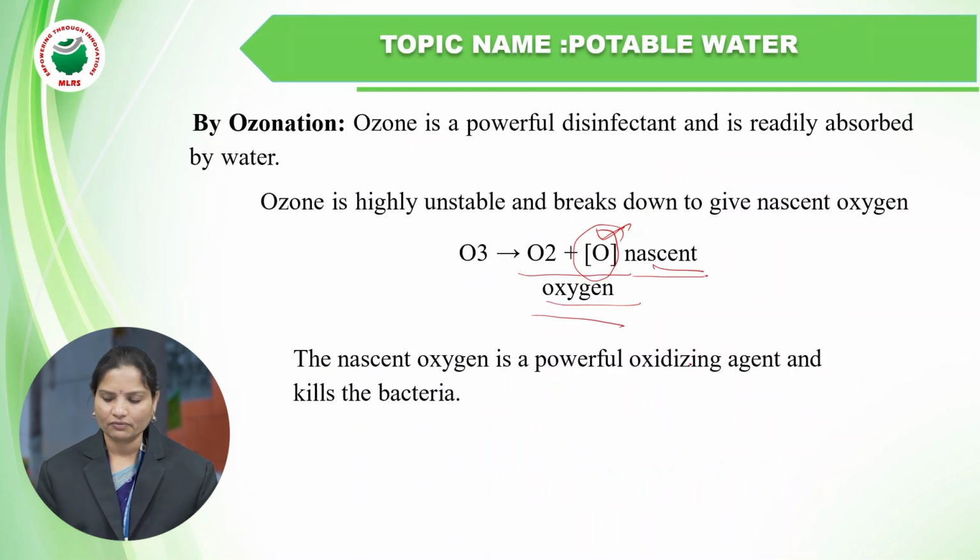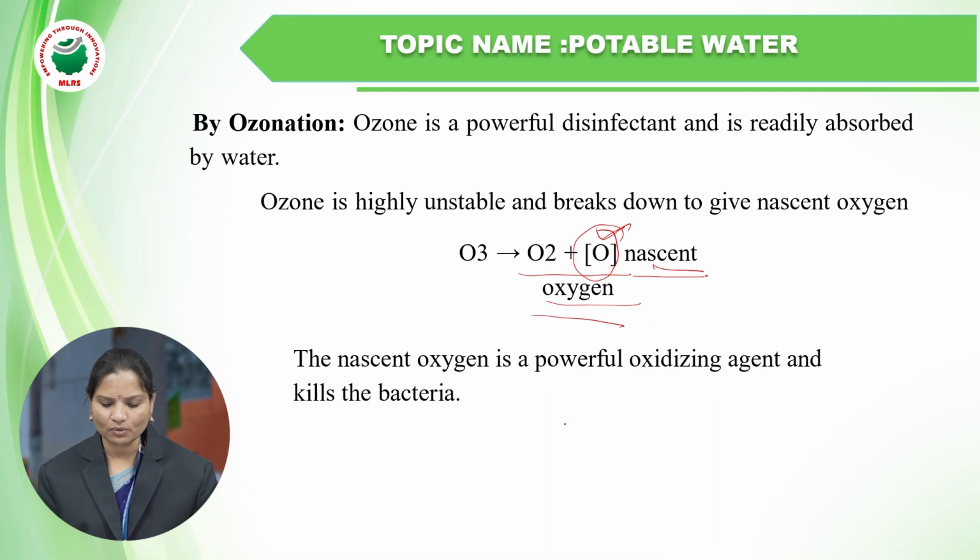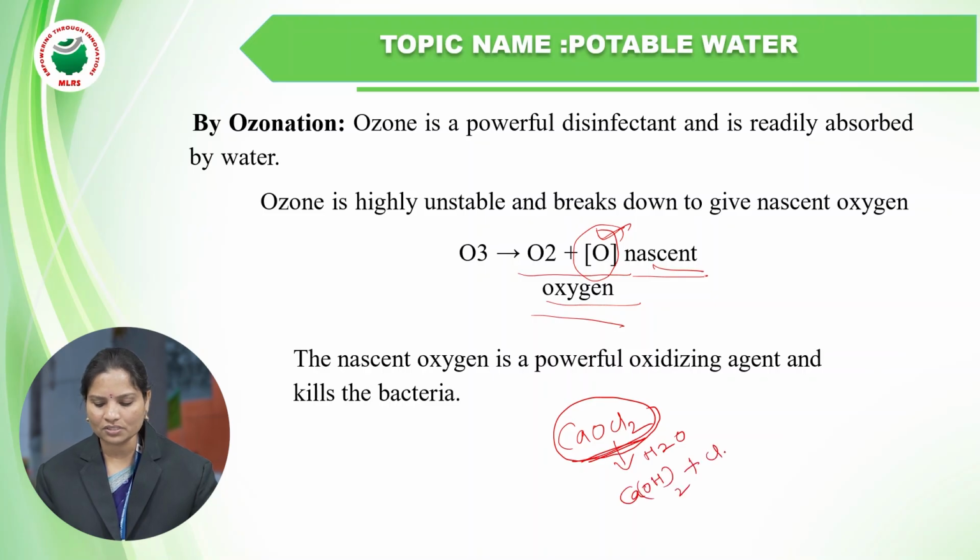Then one more, we can use bleaching powder. What is the bleaching powder formula? CaOCl2, calcium oxychloride. Whenever this calcium oxychloride reacts with water, it produces calcium hydroxide and Cl2.